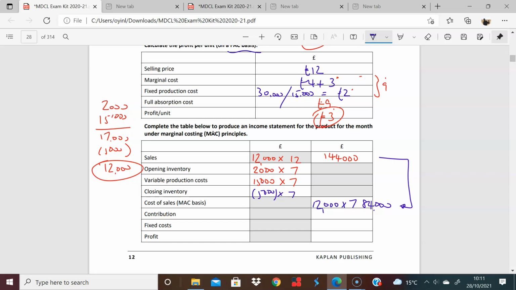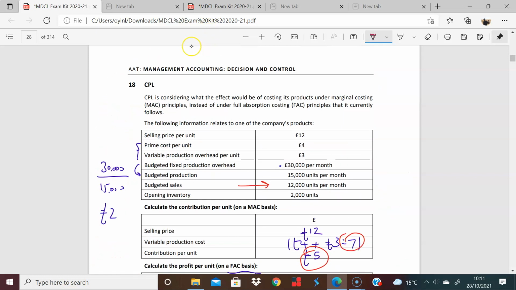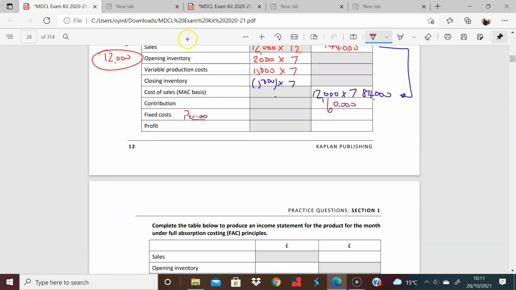So 144 minus 84, that is 60,000, isn't it? This is marginal costing, so fixed costs are period costs. The whole thing is whacked through at once, and so you have a fixed cost of 30,000. So take off the 30,000 and you have profits of 30,000.